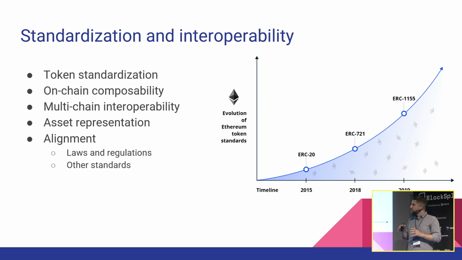Nowadays, we can say that in general, we have different kinds of tokens, and we have different ways of representing real-world assets on chain. And we have an evolution of these tokens. The majority of them are based on ERC20, ERC721, ERC1155 standards on Ethereum chains.